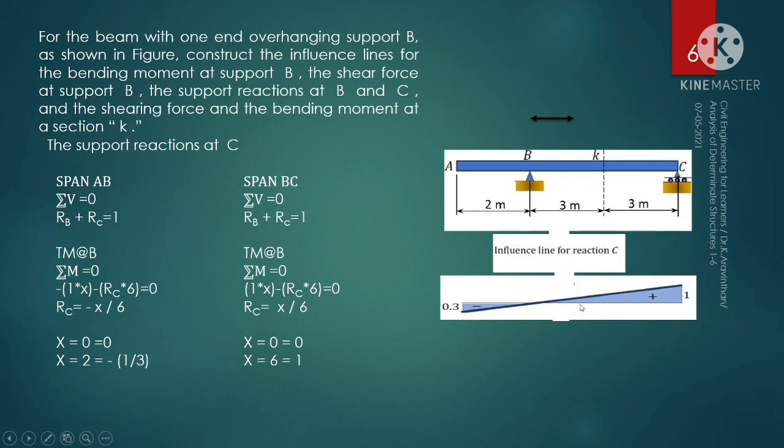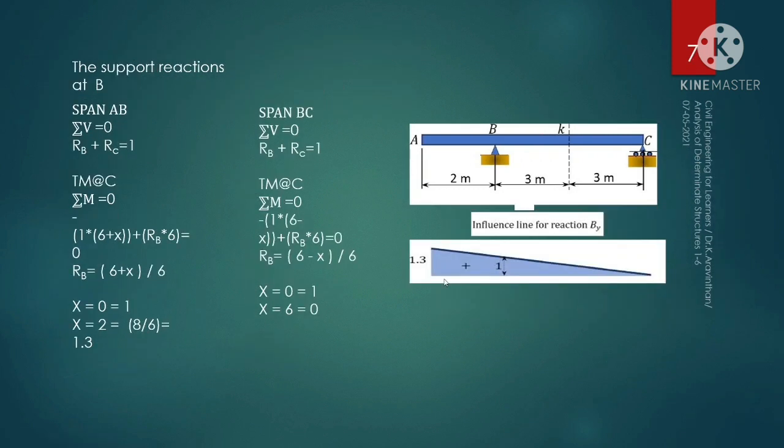Okay. Next, let us find the reaction at B. If I need support B reaction, I have to take moment at C. If I am taking moment at C, place a unit load between the first section, that is AB and BC. I am providing a unit load at AB, that is RB into distance 6, and this is clockwise, 1 into the distance.